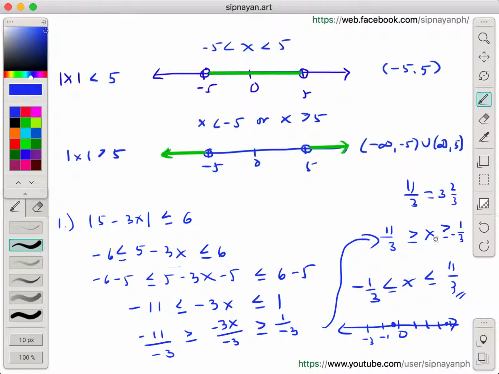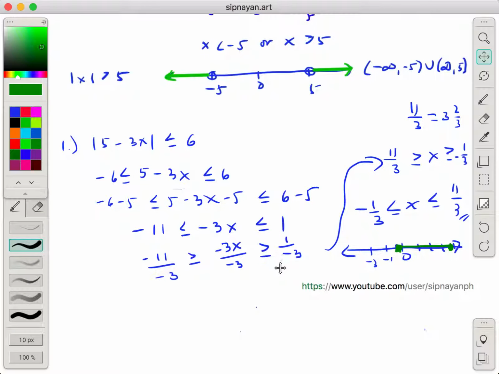The solution of our inequality is from here up to here, so this is negative 1/3 up to 3 2/3. And the ends are solid points because we have an equal sign here. When there is no equal sign, as we learned before, it is not solid, it has an empty space, a circle. Actually it is a point, but we represent it as a circle.